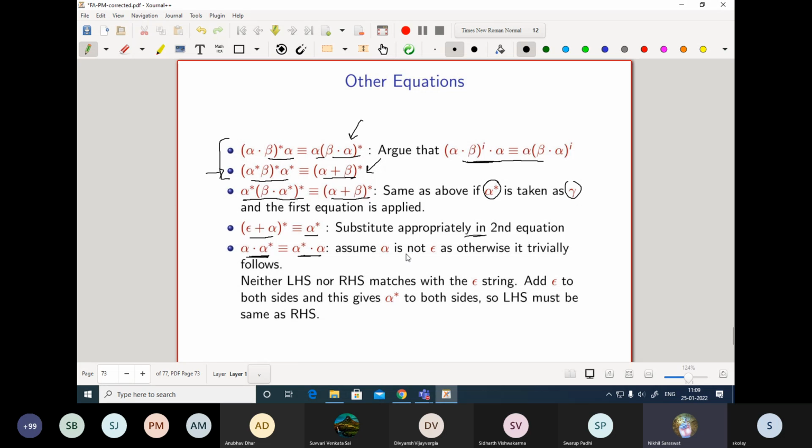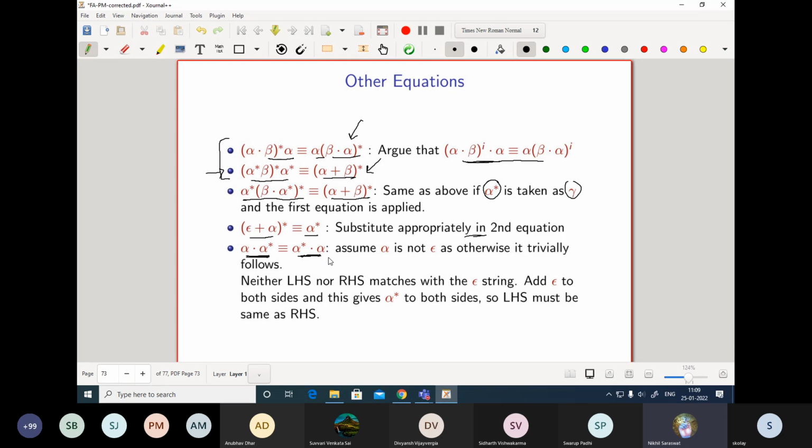If it's not epsilon, then for each of these sides, the left hand side or the right hand side, we look at the languages matching to the left hand side or the language matching to the right hand side. They do not contain epsilon. And then one way of showing is you add the string epsilon to the language on the left hand side and to the language on the right hand side and check whether they are the same or not. Or you can prove it in any other way.